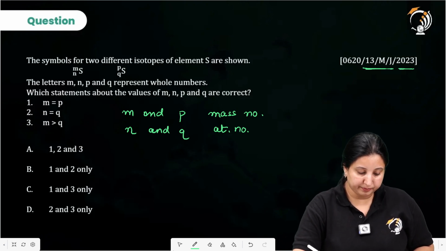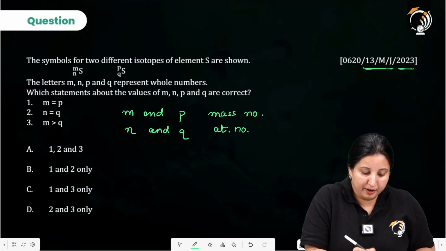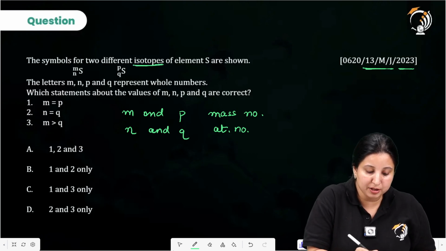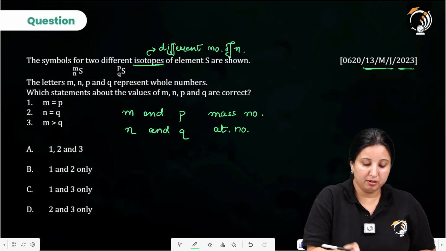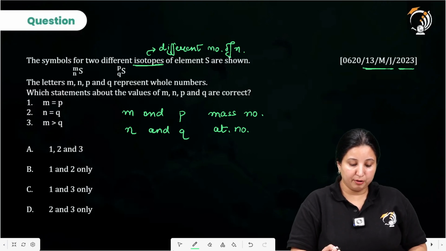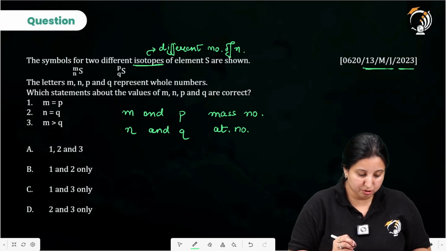Now let's see, M is equal to P. Now when I am saying isotope, isotope means what? Different number of neutrons. So when I am having a different number of neutrons, my mass number cannot be the same. So this is wrong.